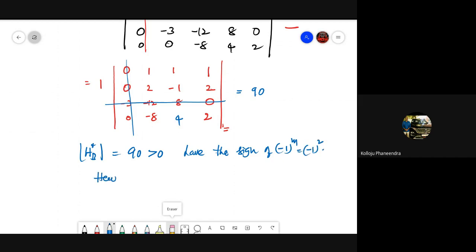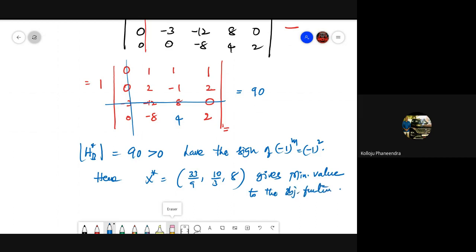Hence x star, what is that point? X star, 33 by 9, 10 by 3, 8, gives the minimum value to the objective function. Now you substitute this.